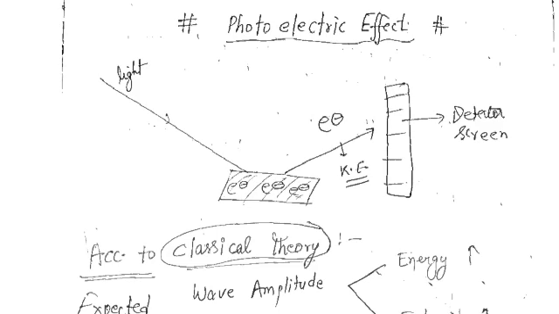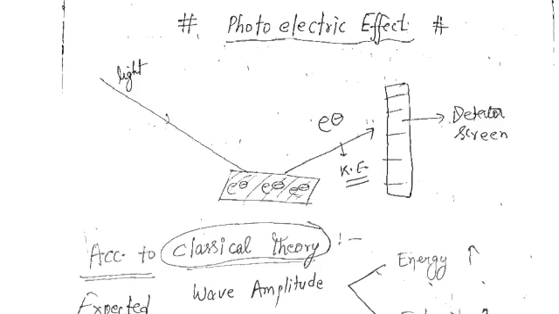So in the photoelectric effect, we have a metal surface. For your convenience, we have a metal. Now from a light source, light is coming and falling over the metal surface. We know that metal is composed of electrons, or say in the metal surface the electrons are there.